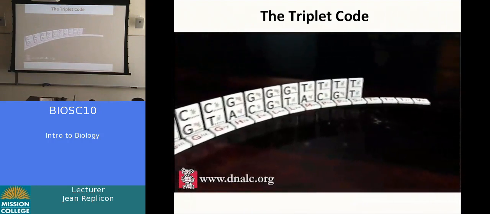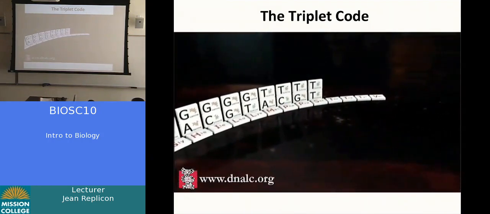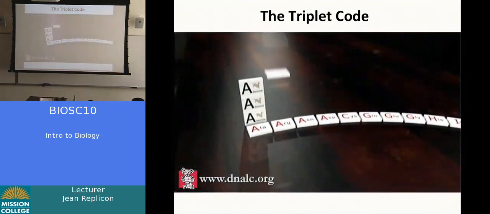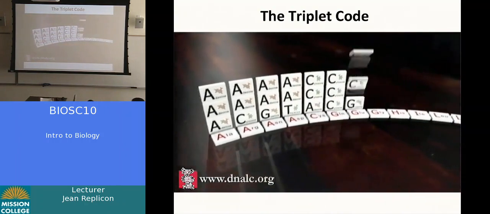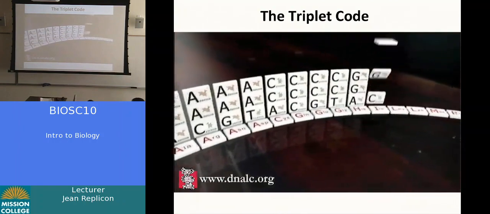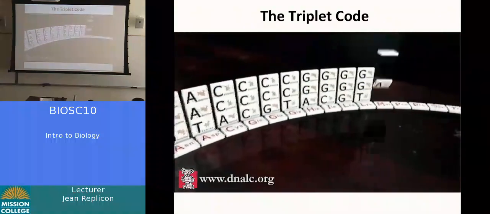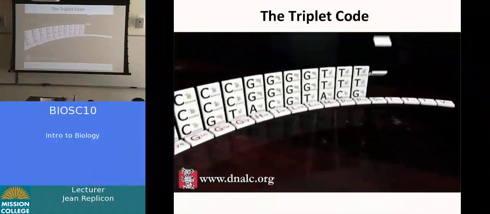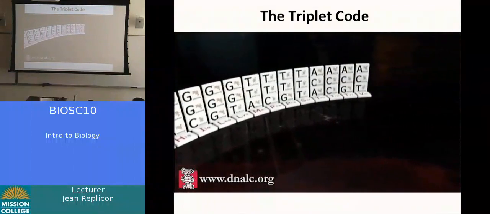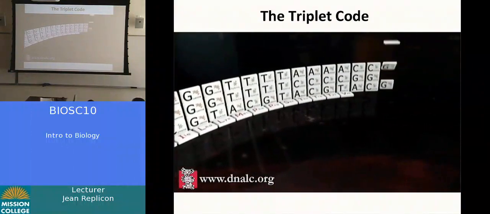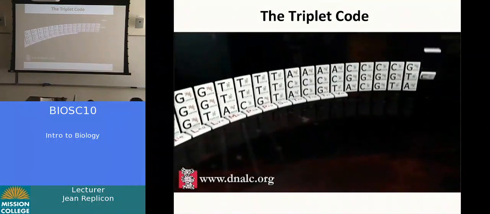Still not enough. But 3 DNA letters provide more than enough combinations to code for all 20 amino acids. So 3 was the answer. It was a triplet code.